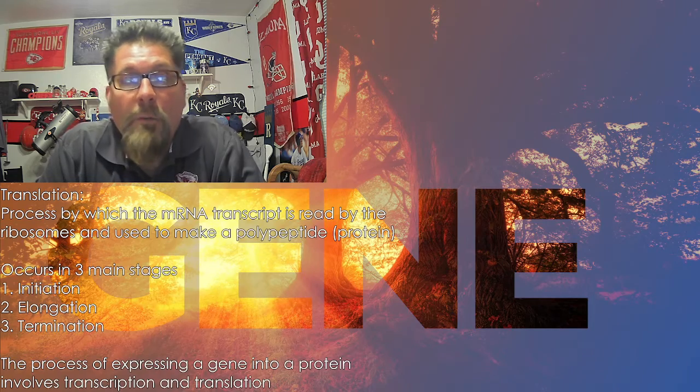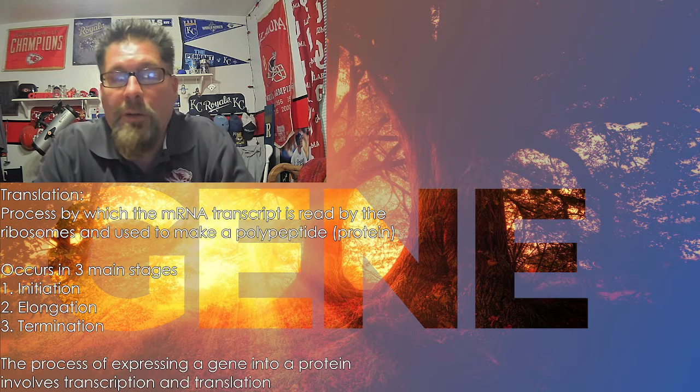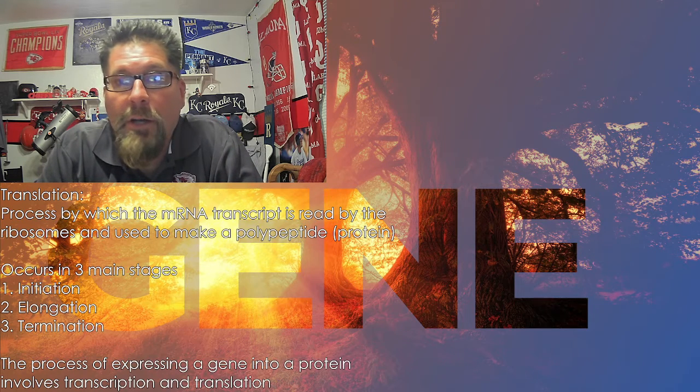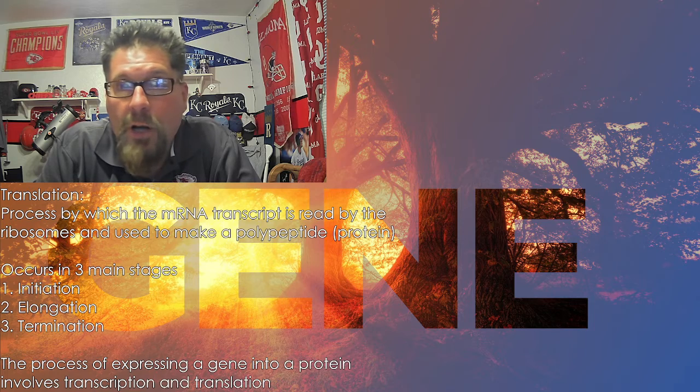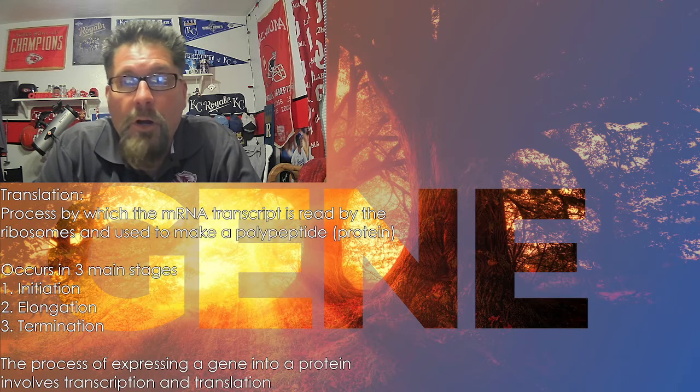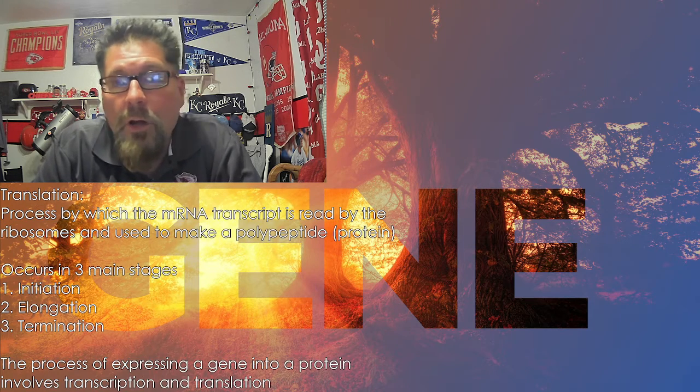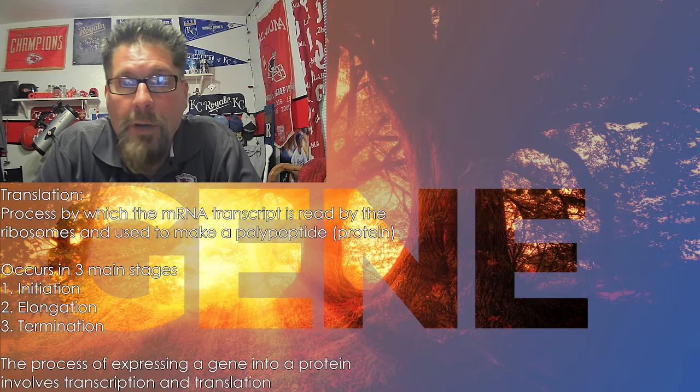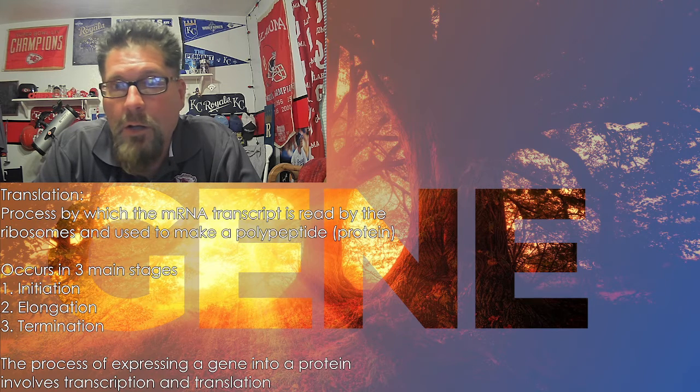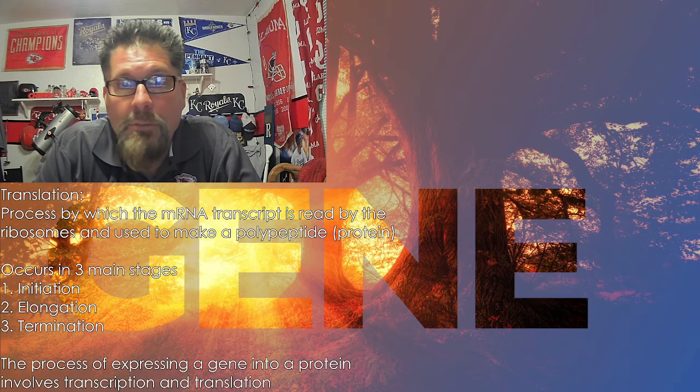Now, when we're talking about translation, the first thing we want to think about is that the RNA strand is made, and we are translating that into the amino acid chain, or the polypeptide chain. That's similar to transcription.